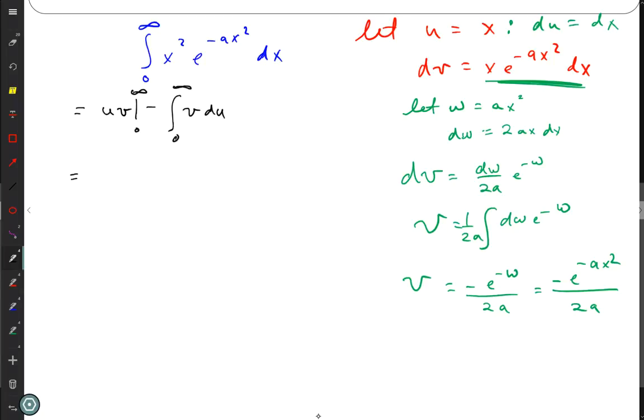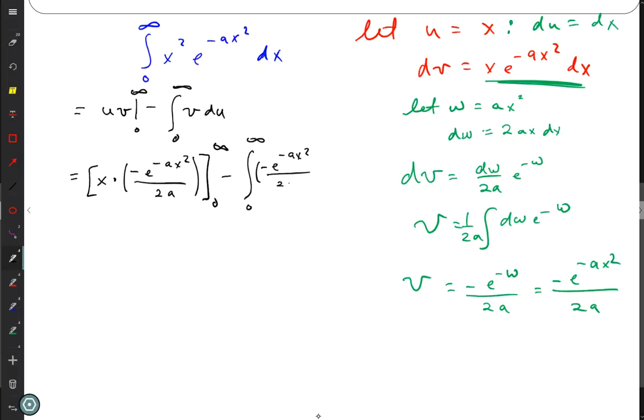So substituting in, that's going to be x times minus e to the minus ax squared over 2a from 0 to infinity, minus the integral from 0 to infinity of minus e to the minus ax squared over 2a.